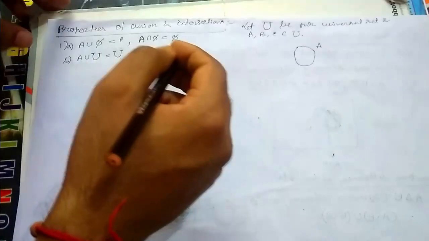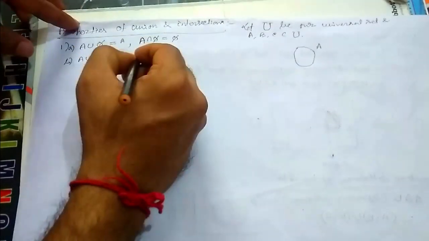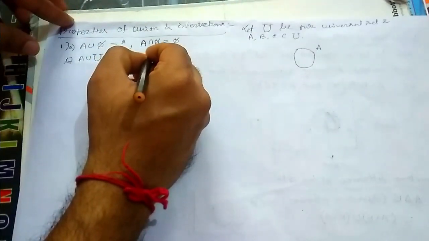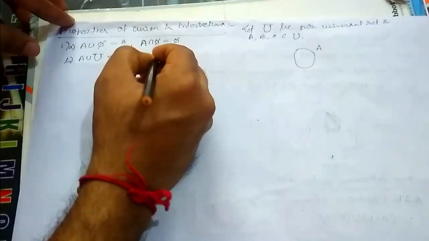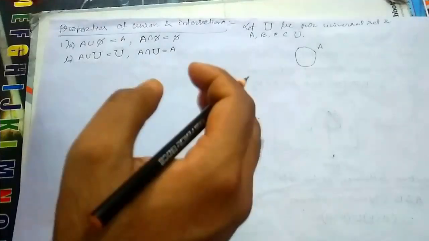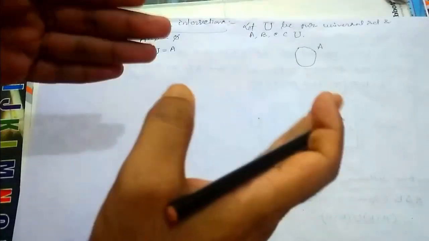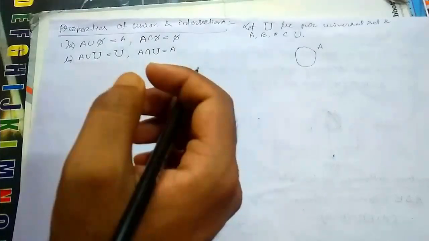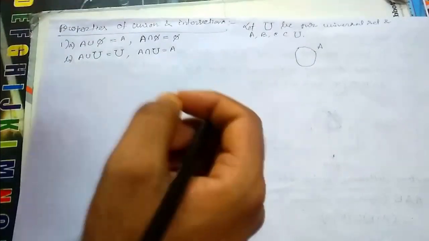So a similar concept is here. And if you take intersection between A and U, then it gives A, because if you take the common part of your room and of your house, then it will give you the room.